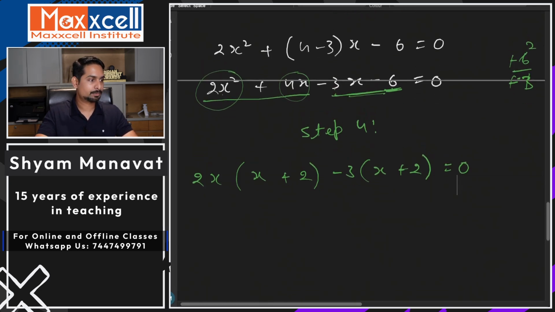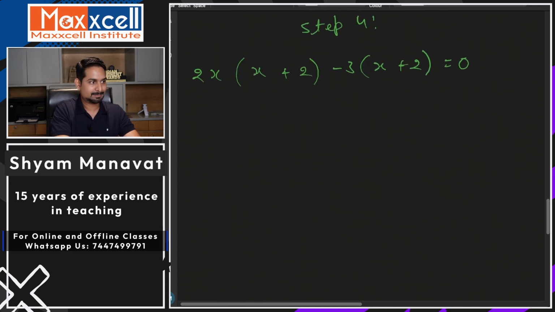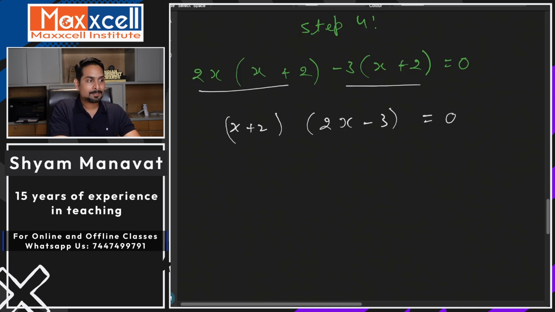Now what you do in step number 5? Now just simplify. You can take this x plus 2 common from both terms. What is left with you? 2x from the first term and minus 3 from the second equals 0. Now you can say these two brackets are equal to 0.